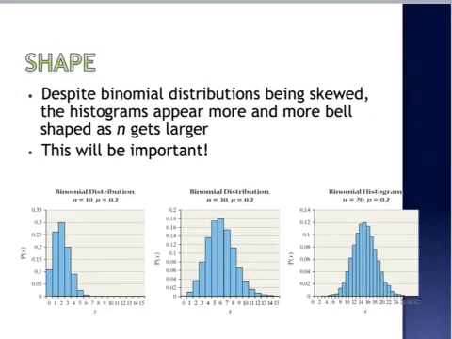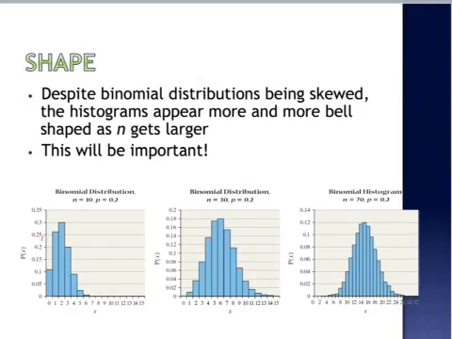Now in the previous examples, we were always using an n equals 10 sample size. For this particular slide, we're going to compare what happens with the same probability of success if we increase the number for n, meaning the number of trials. The first diagram here shows us n equals 10 with a probability equaling 0.2.